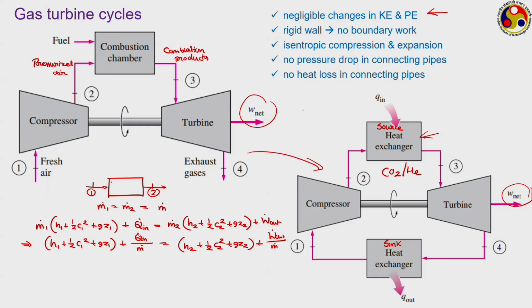Now, look at this assumption, we are neglecting any changes in kinetic and potential energies. So, from there we can write h1 minus h2, as changes in kinetic and potential energies are negligible.